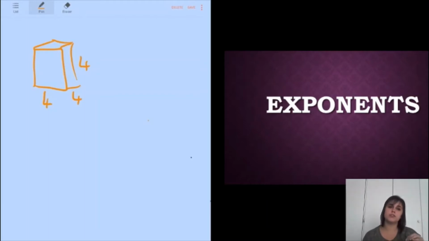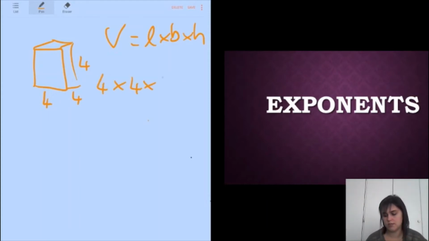And if you have to calculate the volume, because for 3D objects, the total amount of space it takes up is our volume, we will say length times breadth times height. So it will be 4 times 4 times 4.